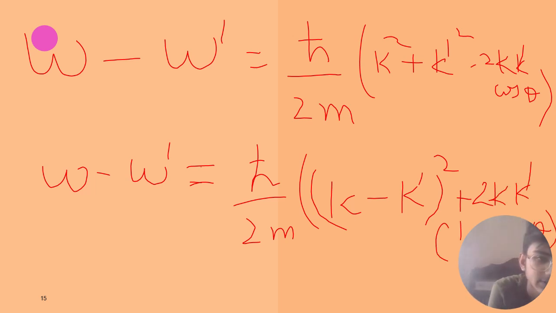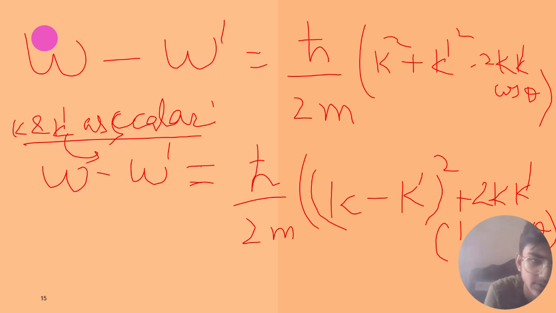Now you just check. Here we have considered k and k' as scalars. Once you consider this, you will reach this equation, k² + k'² − 2kk', here plus 2kk' both will get cancelled, and minus 2kk' cos theta you will get the same as above.